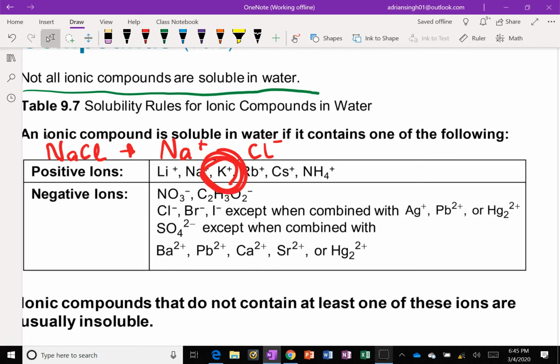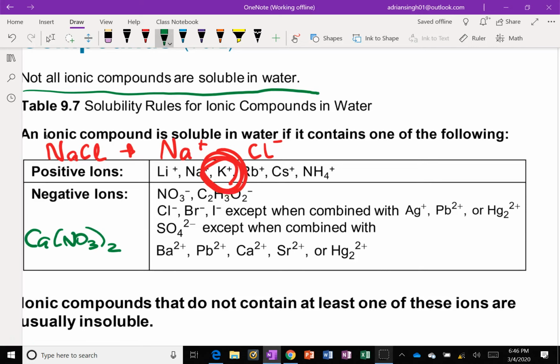So it's soluble, yes, because of the presence of which ion? Let me write the formula again. It was calcium nitrate, Ca(NO3)2. Which ion on this chart will tell you that it's soluble?